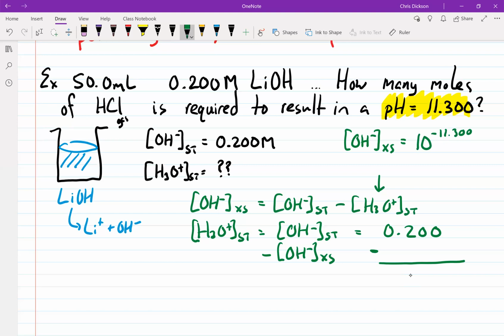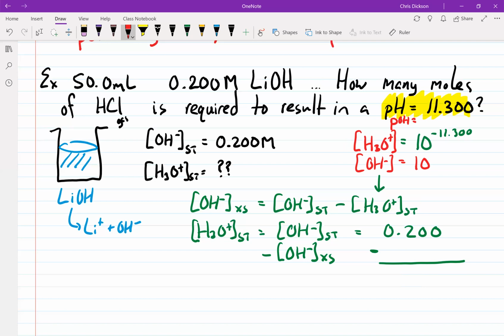Actually, sorry, that is incorrect. This here is what we want to find out, but actually this here would be the concentration of the hydronium. So for the concentration of hydroxide in excess, we could find out the pOH. I think that might have been a better way to go here.